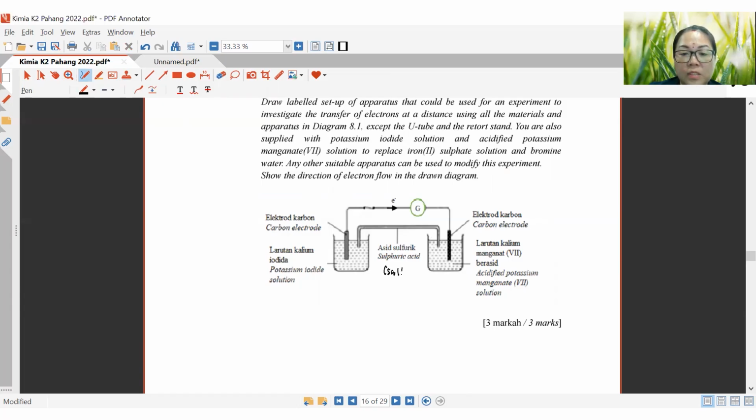This is the salt bridge, serving its purpose as a salt bridge, and it's normally a filter paper. And then it must be carbon electrodes only, dipped into suitable solutions, and connected to a galvanometer. Then this is considered a complete circuit, or point 1, what we call a functional diagram.